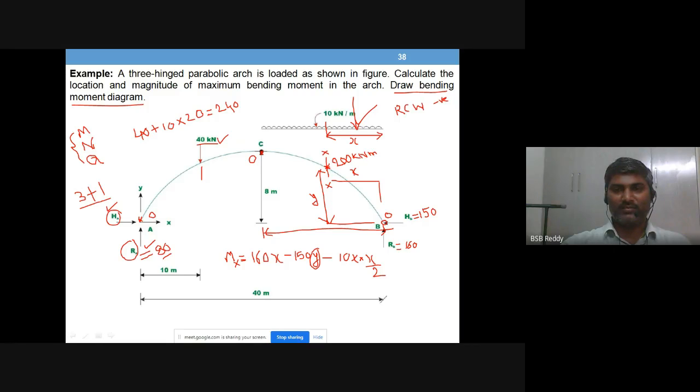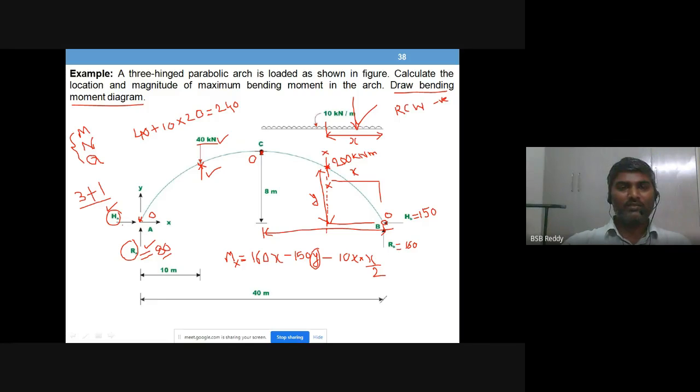Now, the other value needed to complete the BMD is only the value of bending moment at the point load. If you are able to solve this, you can complete the bending moment diagram.